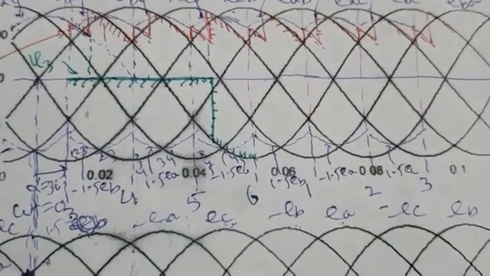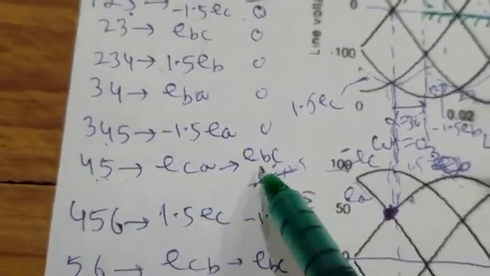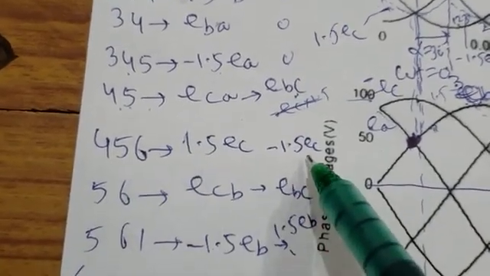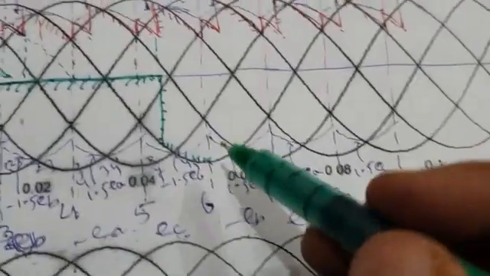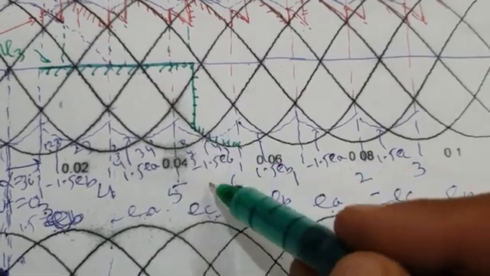This is your EBC. After that, see, for 4-5 conduction, valve voltage was EBC. Then for 4-5-6 conduction, valve voltage is minus 1.5 EC. Where is minus 1.5 EC? Just below this, see, this is minus 1.5 EC.